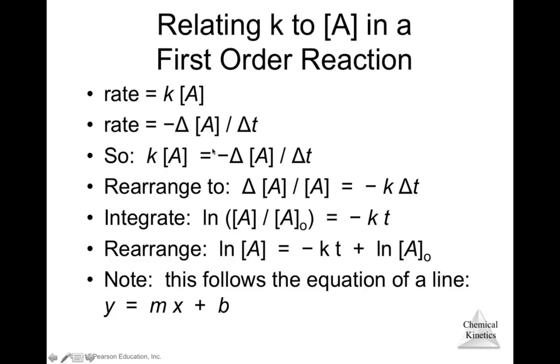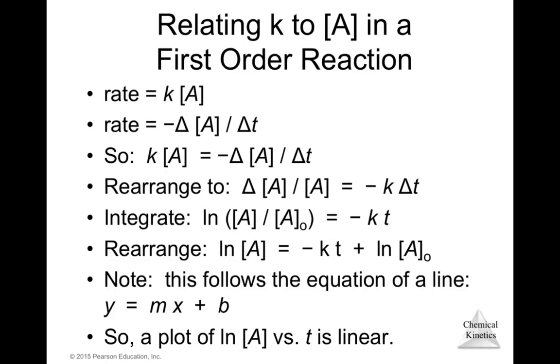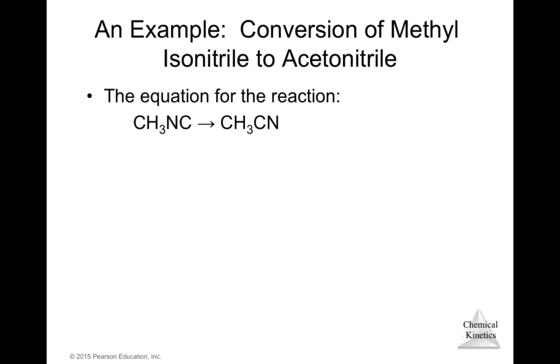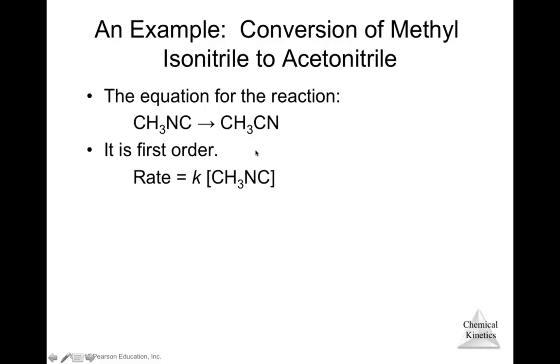The reason that we went through all this integration for this equation is because we can express this as a straight line, and it's easier to work with a line than with a curve. We're going to see this in the following example. Here we have methyl isonitrile, and this one is converted to acetonitrile. So this is a first order reaction. Rate is equal to K times the concentration of the reactant, that is the methyl isonitrile.